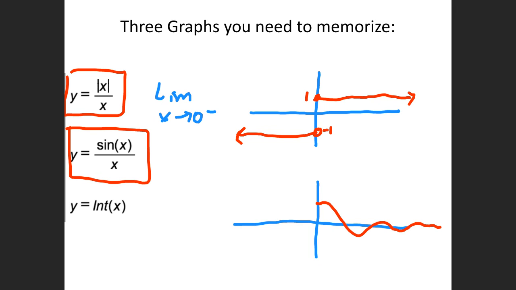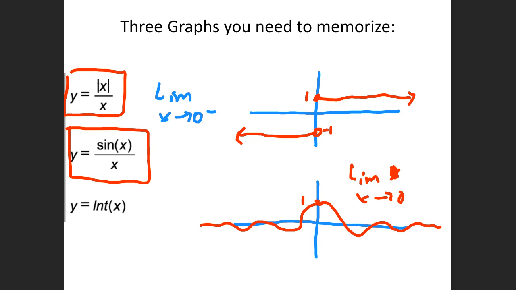And then it comes down here, and it just keeps oscillating until it gets there. So this is 1 right here. So what is the limit as x approaches 0 of this function?